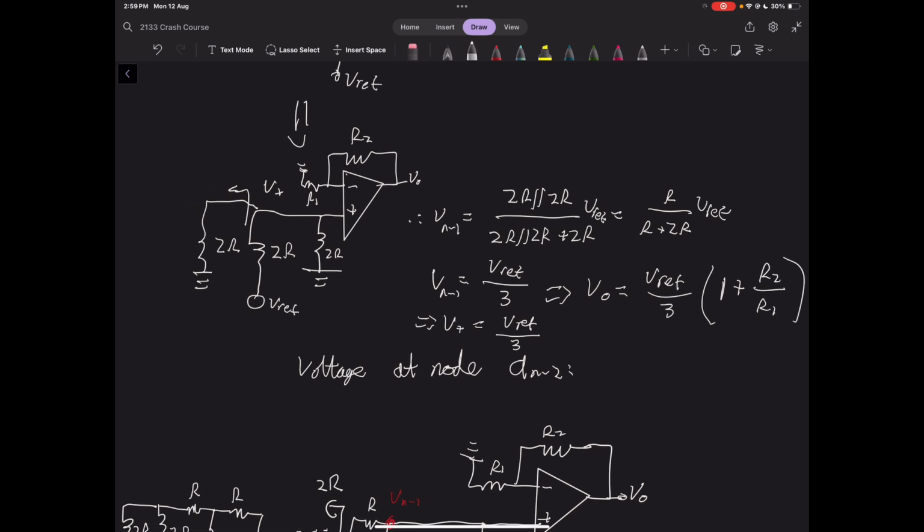this node. So from here, we are going to try and find the voltage V plus, or the voltage at node n-1, and that is pretty clearly just going to be a voltage divider.